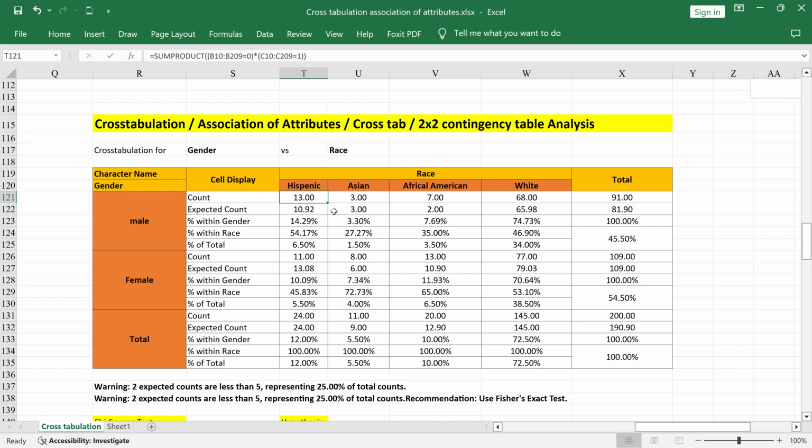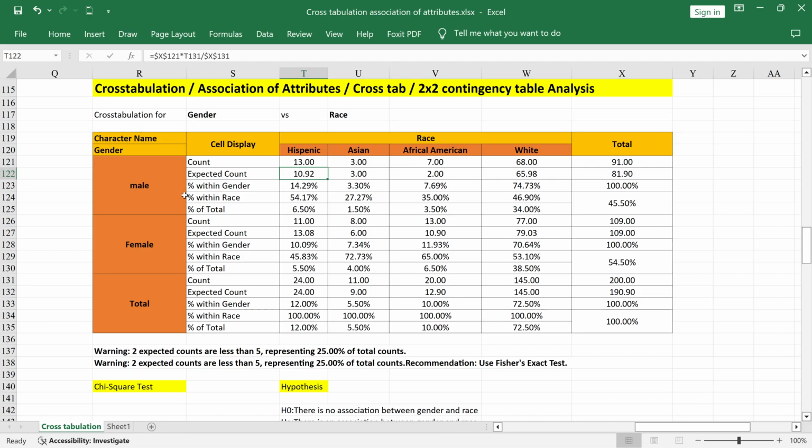Likewise I computed the count. Then the expected count, you can compute as well. It's simple to compute the expected count. You can see the formula here. For the expected count, you should see the total of the column and the total of the row. You consider this total of column, then this is the total of row, and you will get the 200 values from here, because we have 200 values for race and gender, so you will get this expected count value.